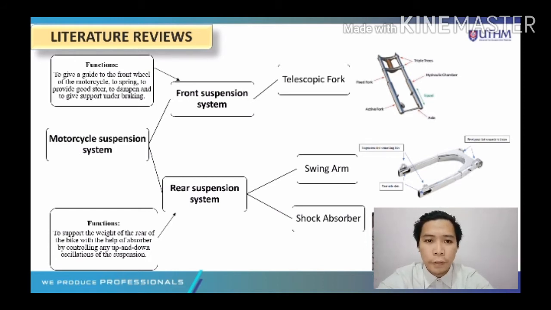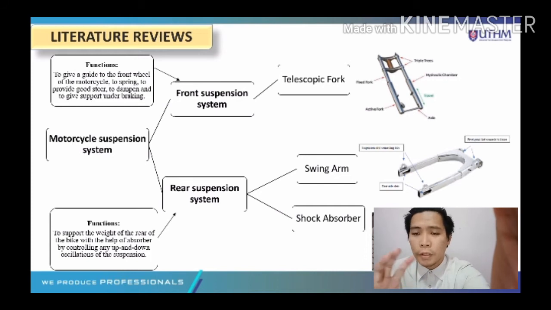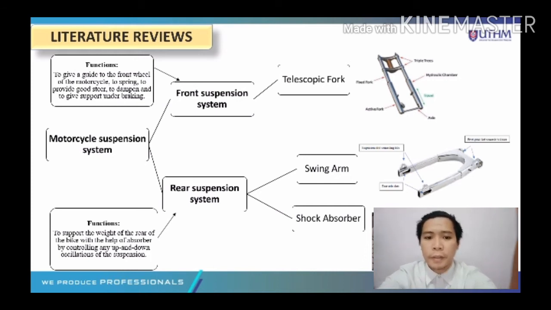The first function of the front suspension is to give a guide to the front wheel of the motorcycle, to spring and to provide good steer, or to dampen and to give support under braking. The front suspension system has a telescopic fork, which is the only one considered in this project.